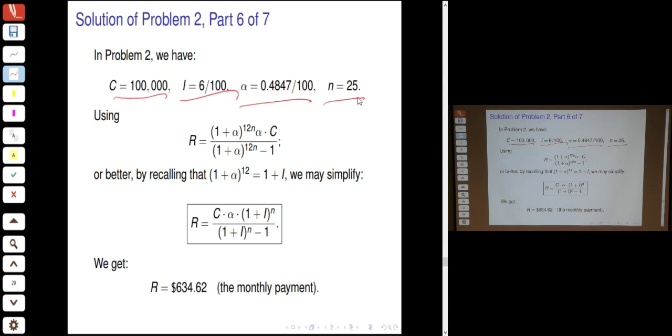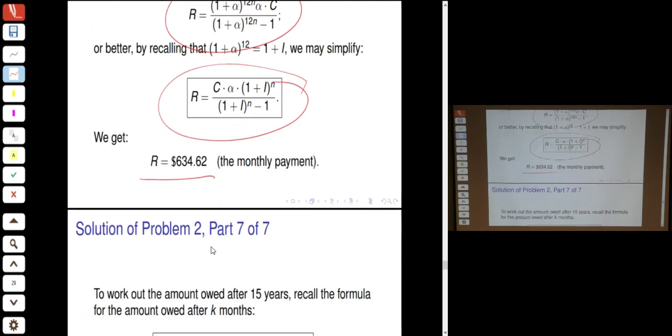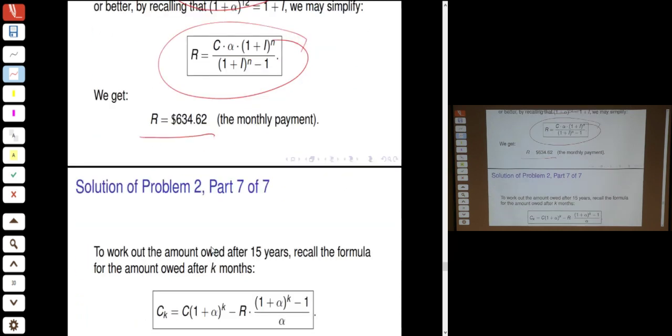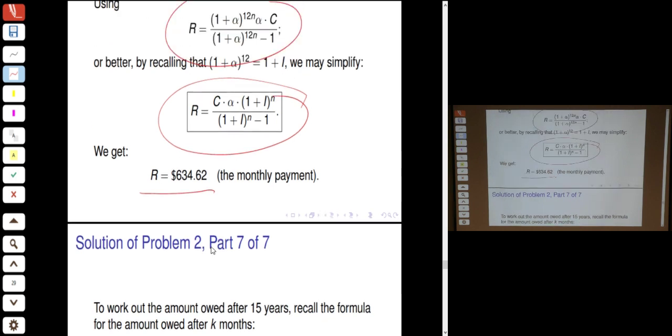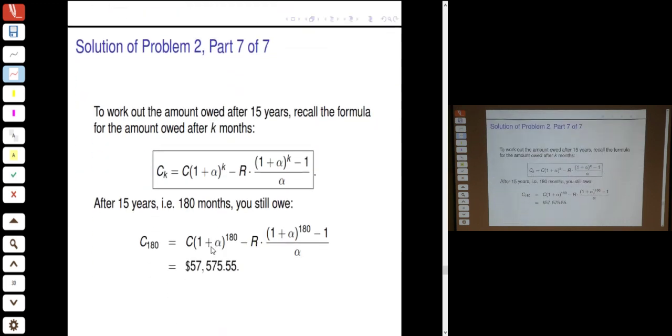So you just substitute your figures in here or in here, and using your calculator, you can get the simple answer of R equal to 634.63 dollars. Okay. Any questions? Okay.